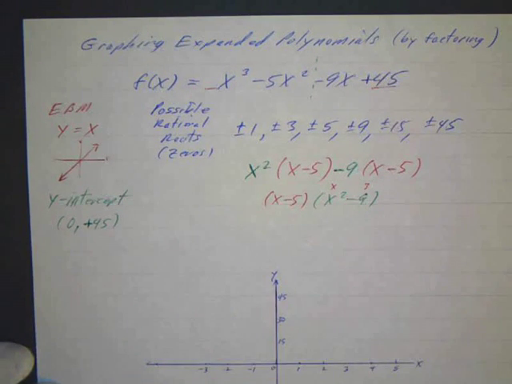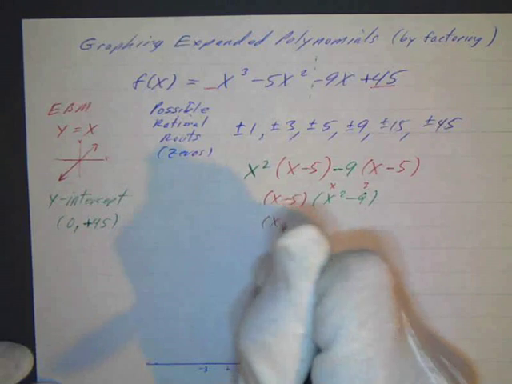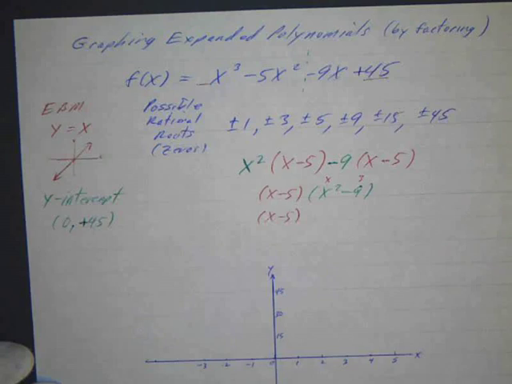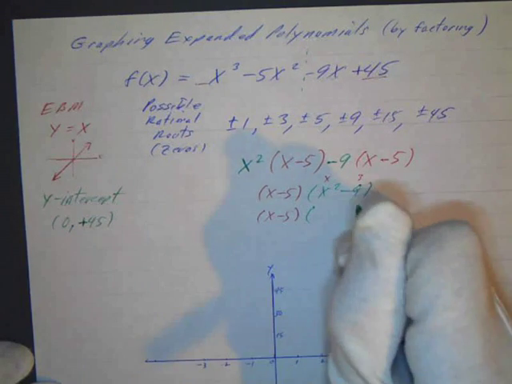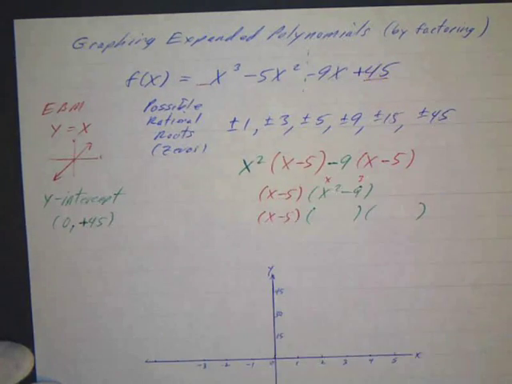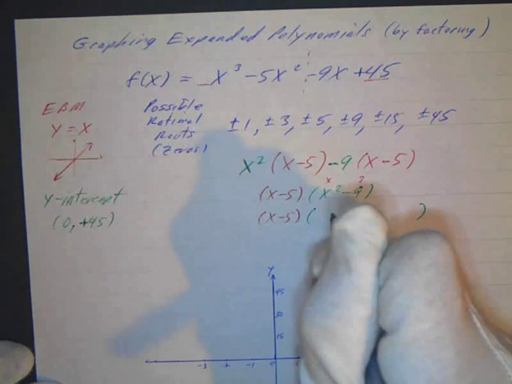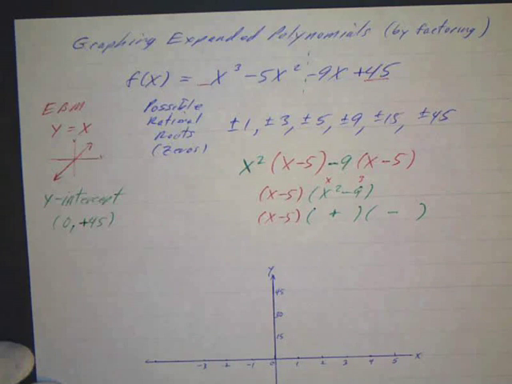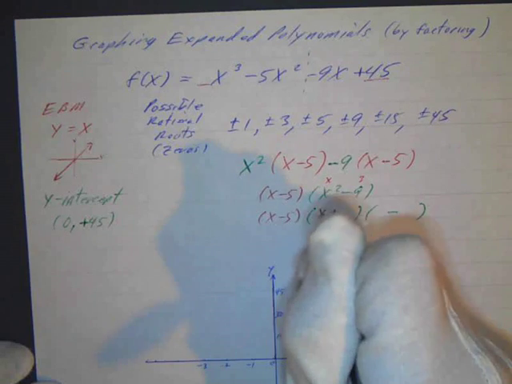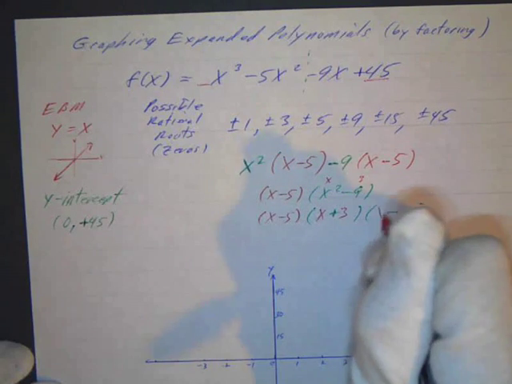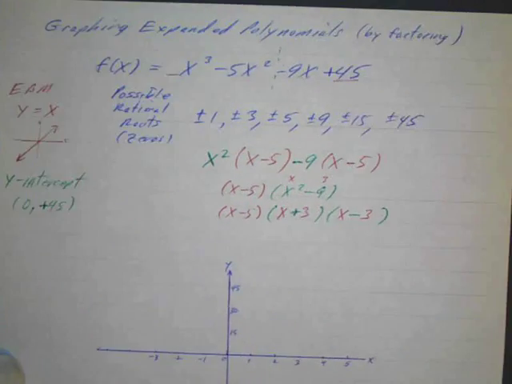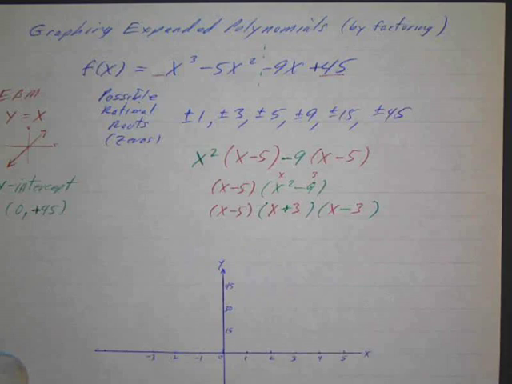So I've got x minus 5, and then I've got the sum and difference of these little numbers: x plus 3 times x minus 3. And there's my f of x in factored form. So I've already got it in factored form.